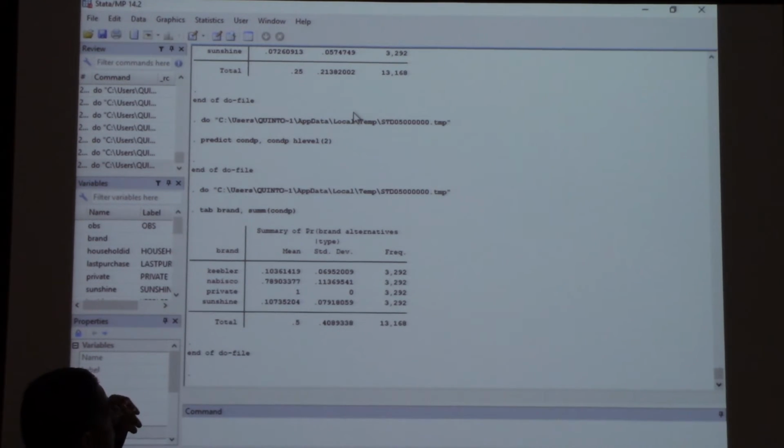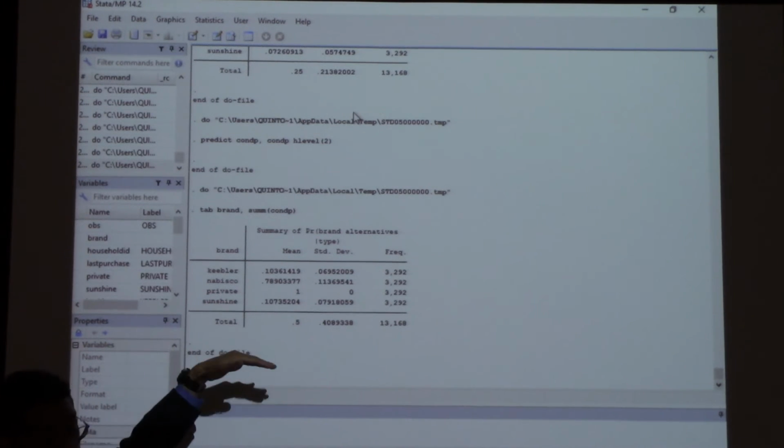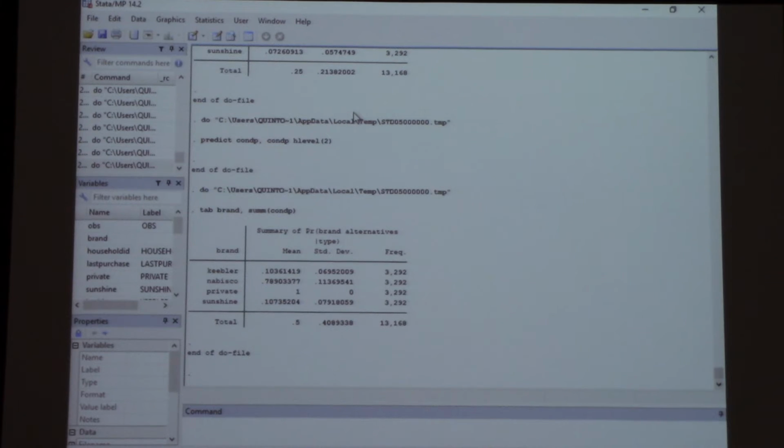And these tell us that, remember that generic is degenerative, there's only one choice. So once you've chosen generic, there's 100% probability that you're going to buy generic. But once you've chosen branded, now we can break this down into 1, 2, 3.